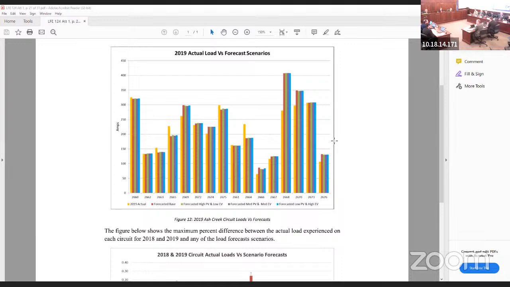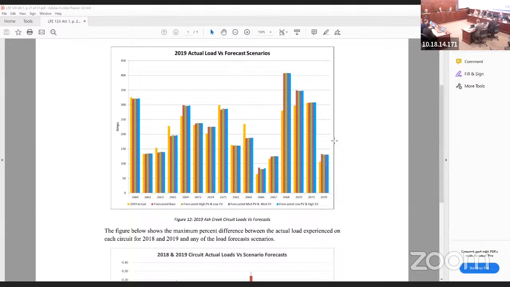Which forecasts were these? Were these the 90-10 weather normalized or the 50-50 weather normalized? Do you know? I'm not sure if they're the 90-10 or the 50-50.